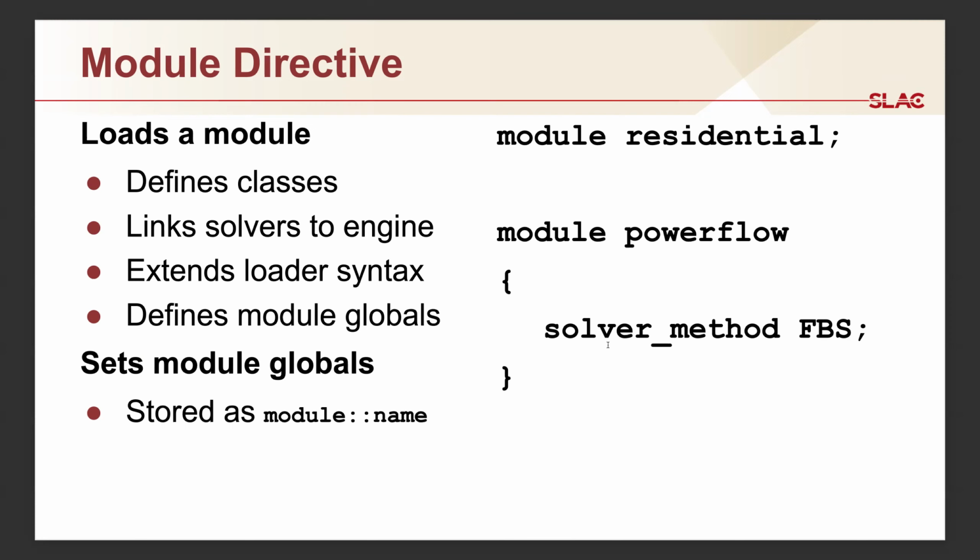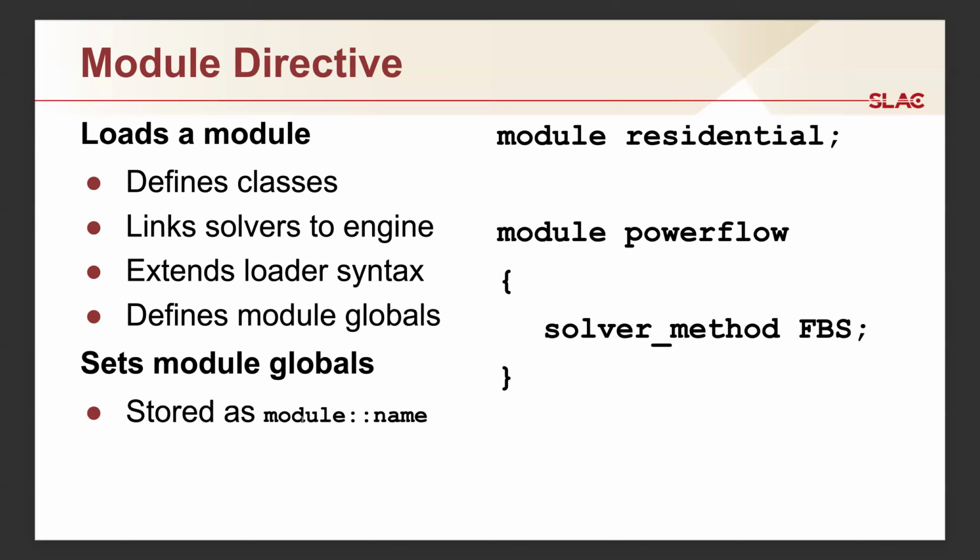And so we will see as we go through examples later of different modules being used, we'll see instances where we set these values in order to make it do something in a particular manner, as opposed to what it would do by default. So these variables, like this solver method variable, are stored as global variables where the module name is prepended to it.